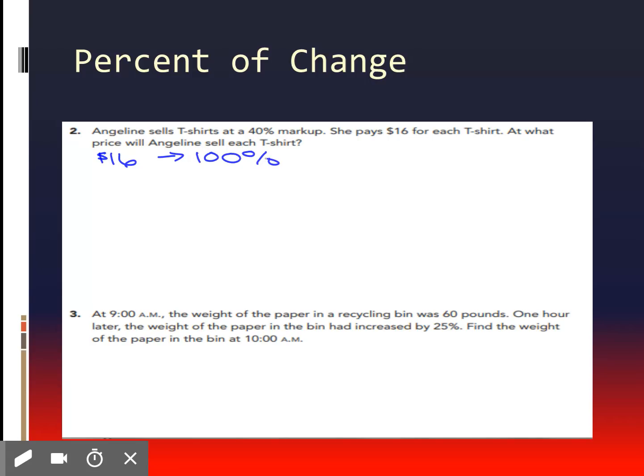And we have a 40% markup. So I'm going to stick with method 1 here to first find what 40% is. So I'm going to do 40 over 100 and multiply it by the $16, which of course is 16 over 1. And 40 times 16, I'll do the math over here.